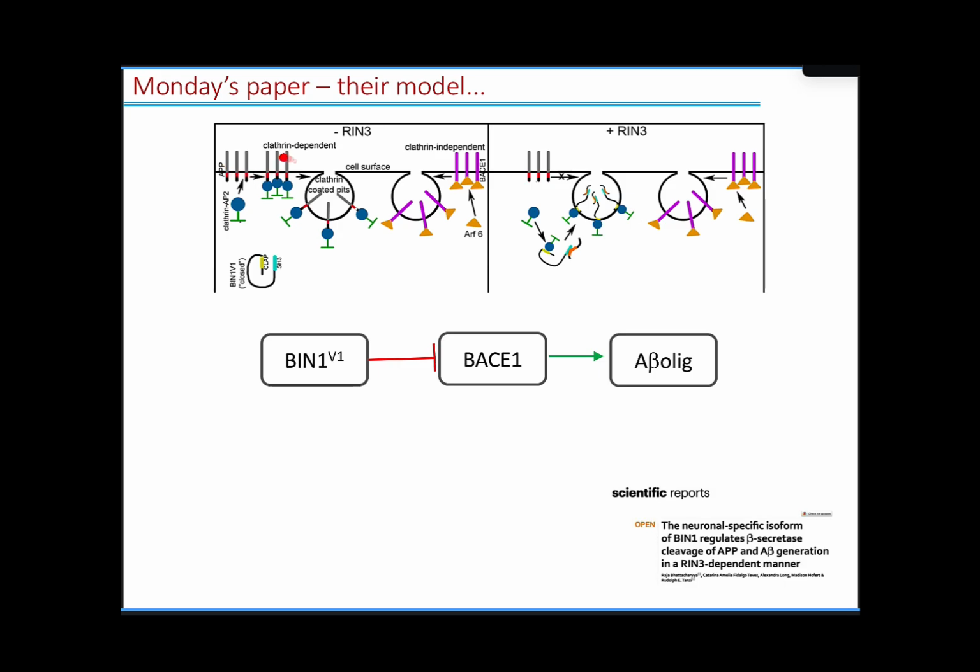And APP molecules can go into the endosomes, merge with other endosomes that carry BACE1, and when BACE1 and APP are together, BACE1 can go ahead and cleave APP, which will later be cleaved by gamma secretases and make A beta peptides. The reason I'm going kind of fast with all of this is because all of this we discussed on Monday.